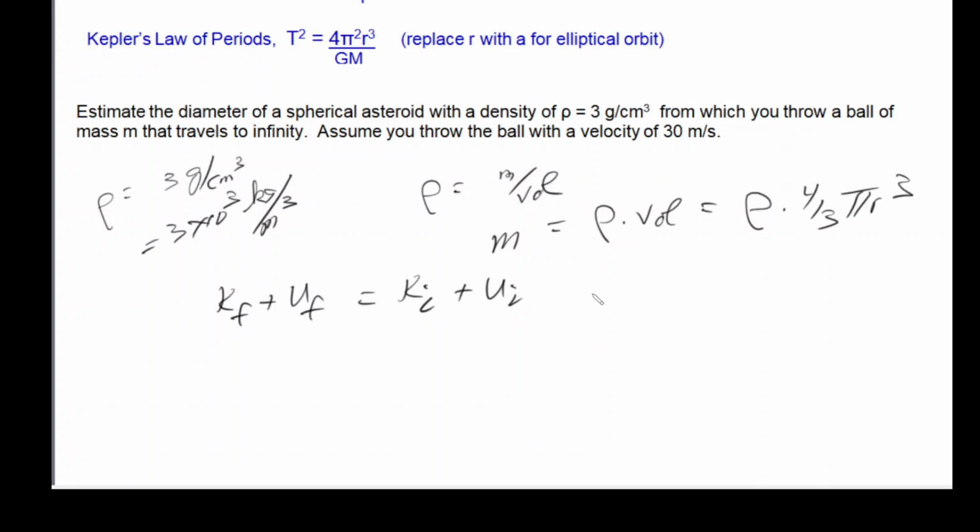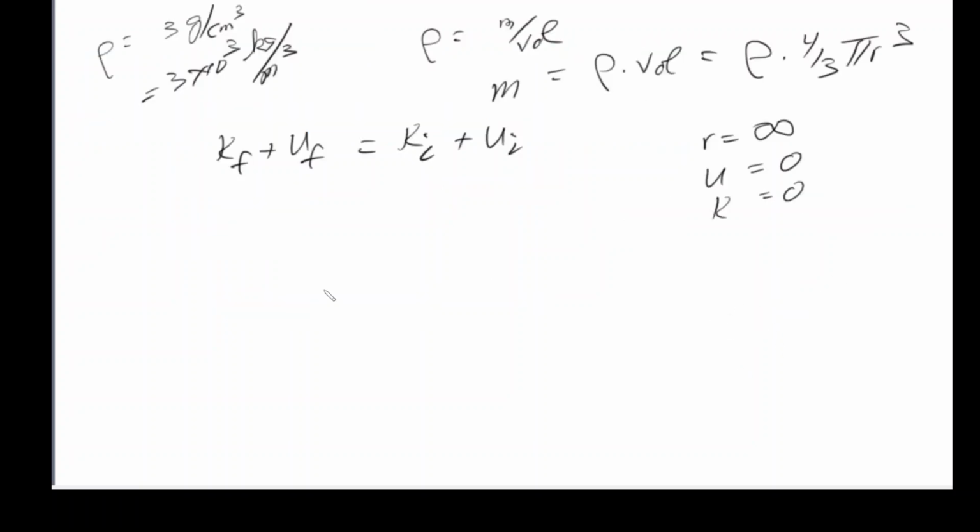And what we're talking about is throwing the ball to infinity. So r would be equal to infinity. Well, at infinity, the kinetic energy is 0. So our final energies are 0, and the initial energy is 1/2 mass times velocity squared plus, in this case, a minus G times the mass of the asteroid times the mass of the ball over r.